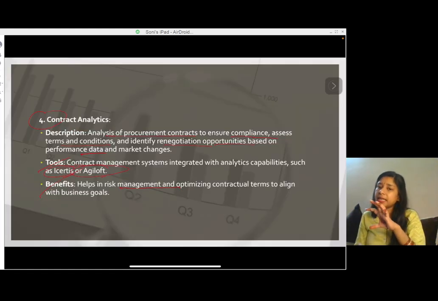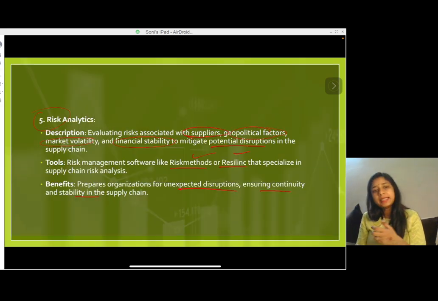Then, while making the contract, it can be used to have better terms and conditions and compliances. Next, it can be used in risk analytics, and then sustainability analytics. So that's it. You need to remember this is an important topic.